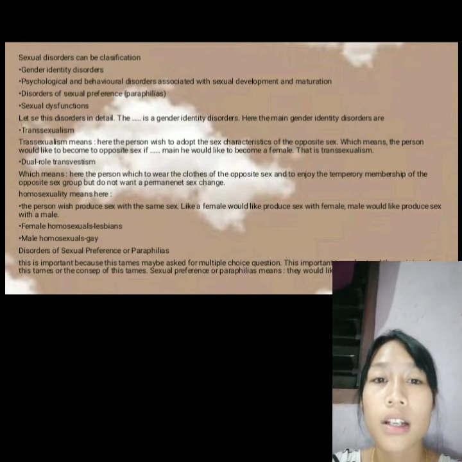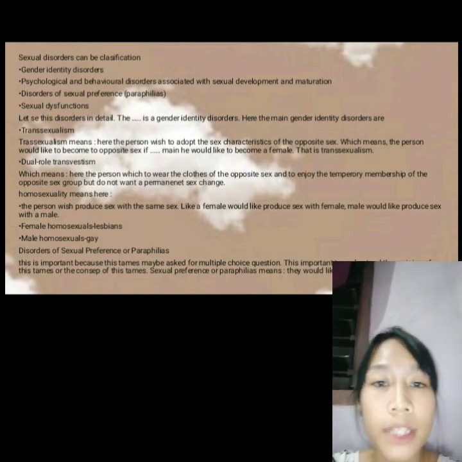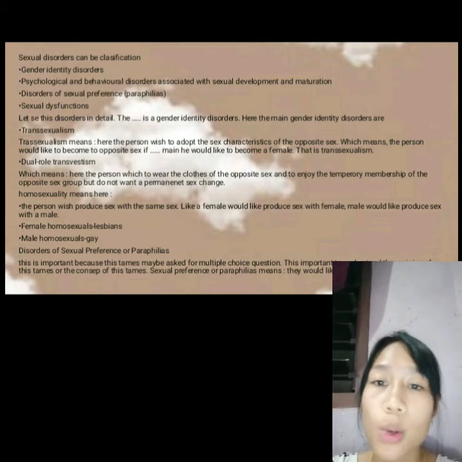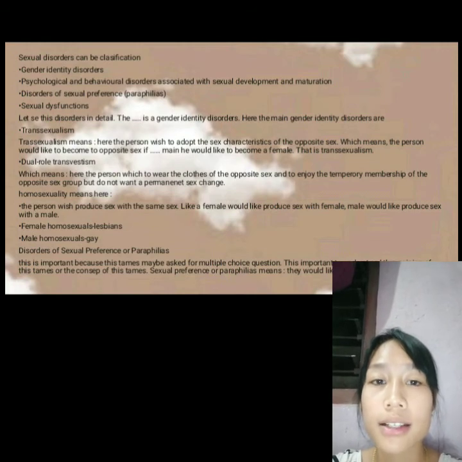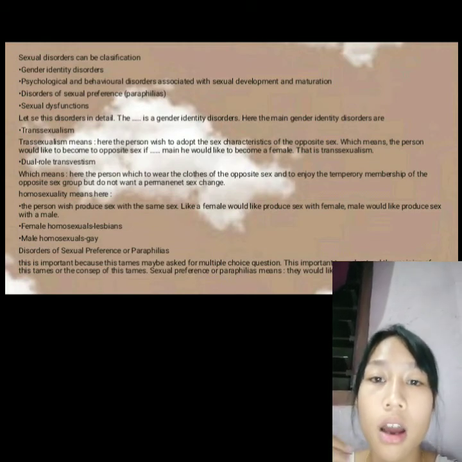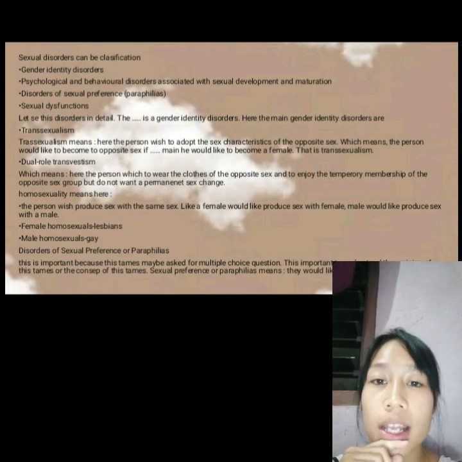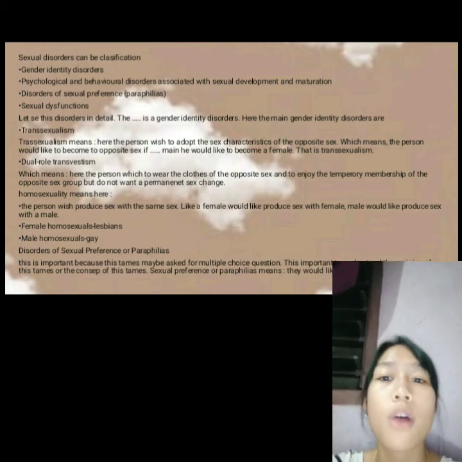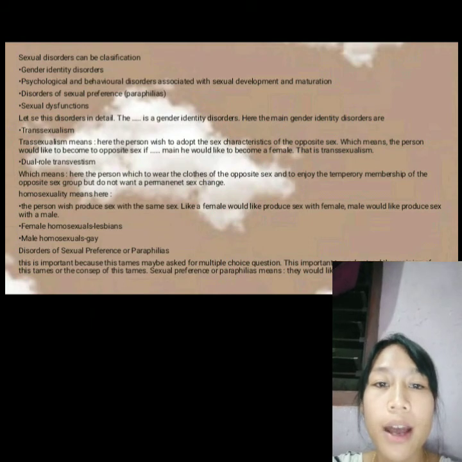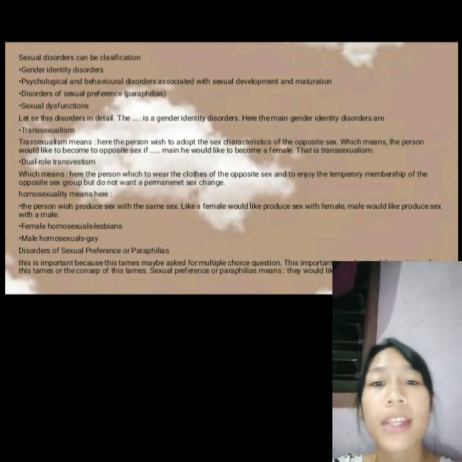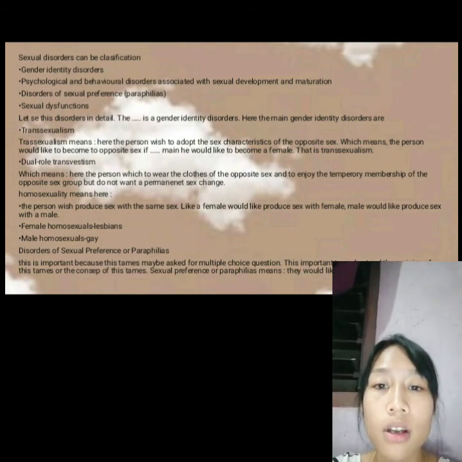Transsexualism means the person wishes to adopt the sex characteristics of the opposite sex, which means the person would like to become the opposite sex. If a man would like to become a female, that is transsexual.